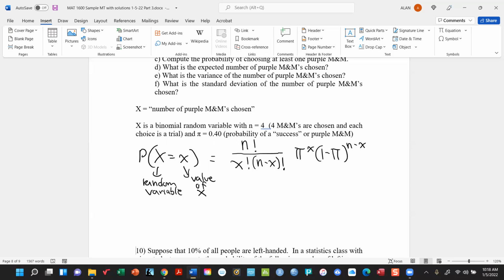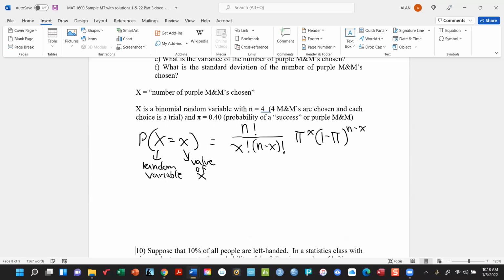We know that n is 4. Quick reminder, pi is 0.4. And of course, for this first case, that lowercase x is 0.